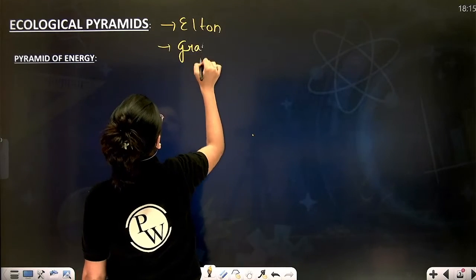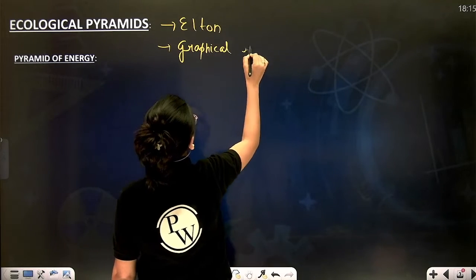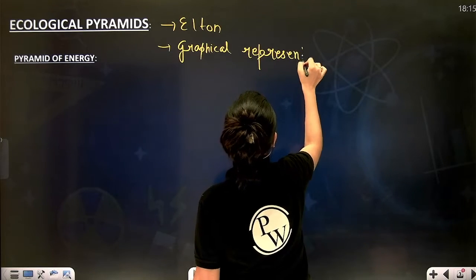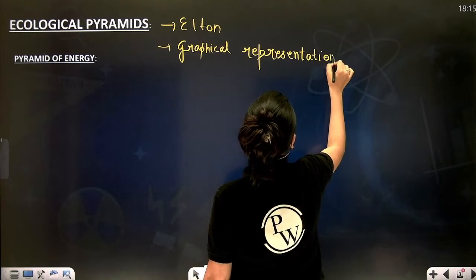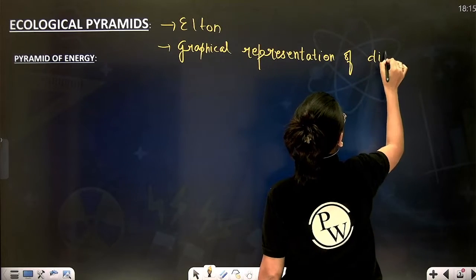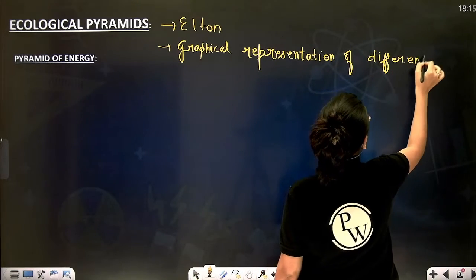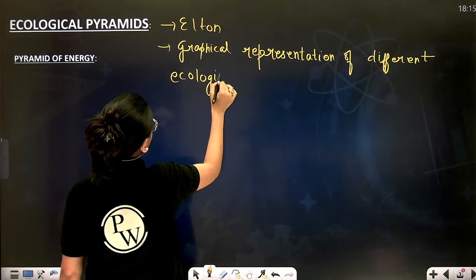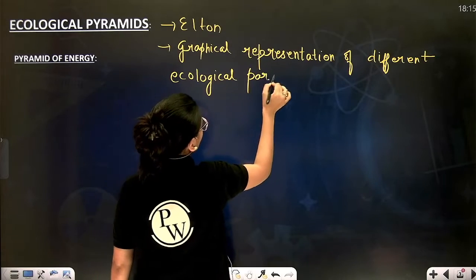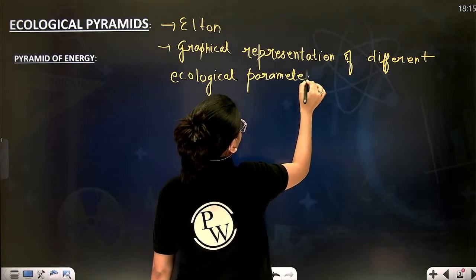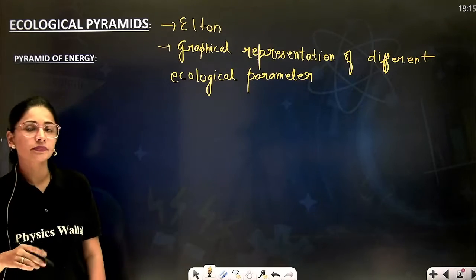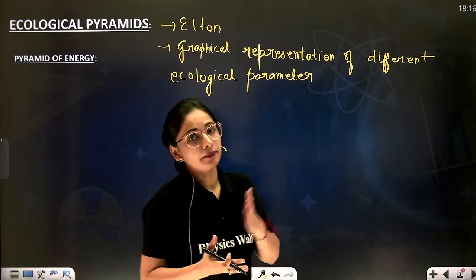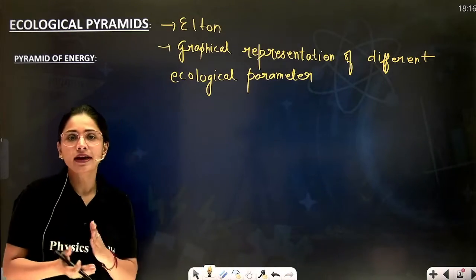Pyramids are basically the graphical representation of different ecological parameters. Right? So ecological pyramid stands for graphical representation of different ecological parameters like energy, biomass and number.